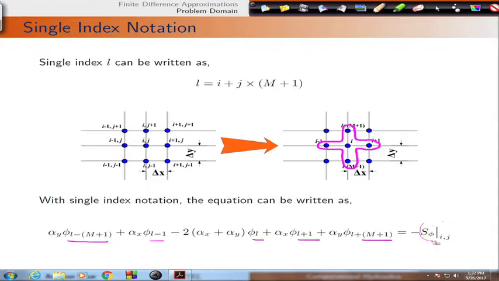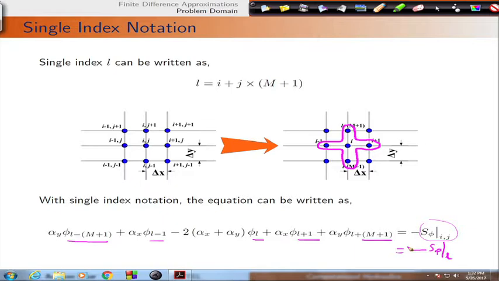This S phi is defined for I j, or we can write it in terms of L. We can use this equation for interior points or blue points.